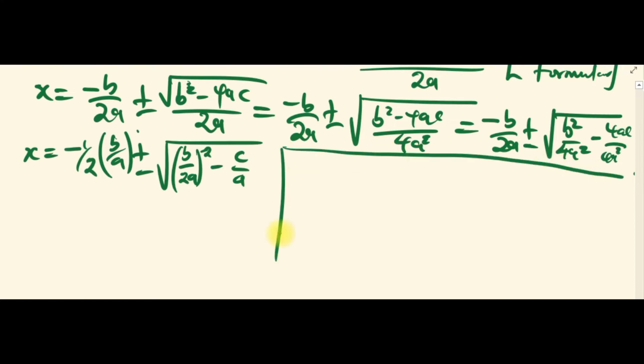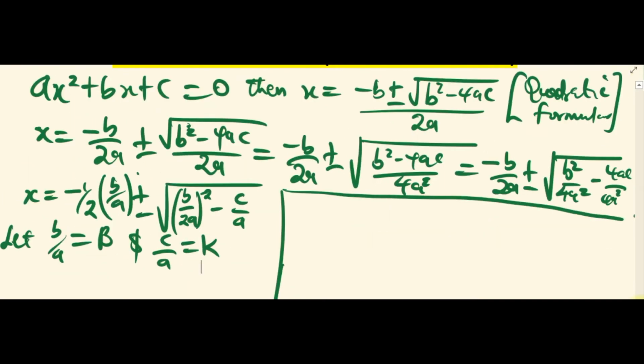So let's now say let b over a be b and c over a be k. We see that, remember our quadratic equation is ax squared plus bx plus c equal to 0.